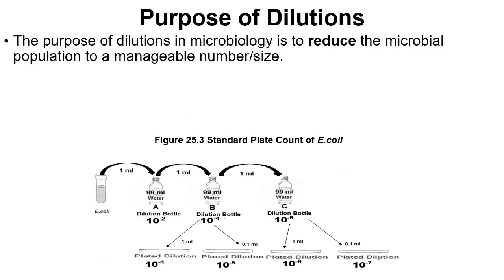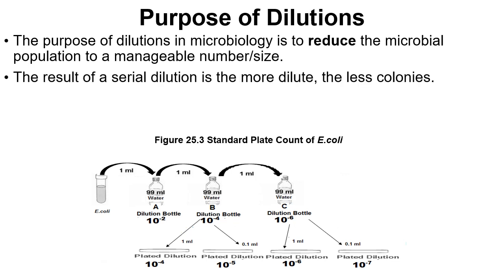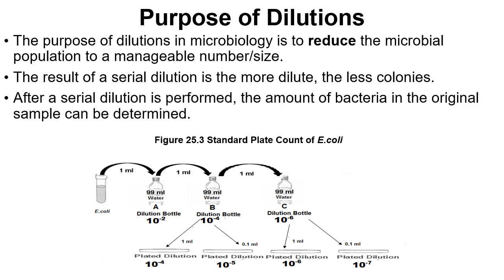The purpose of dilutions in microbiology is to reduce the microbial population to a manageable number or size. It is possible that in the original test tube, in this case E. coli, there could be billions or trillions of cells, which are too many to count. The result of a serial dilution is the more dilute, the fewer colonies.